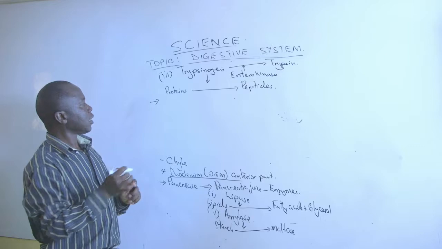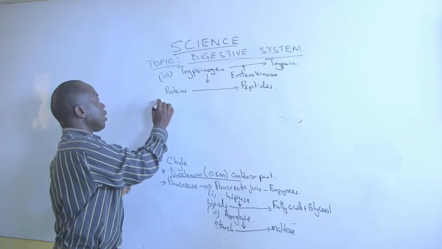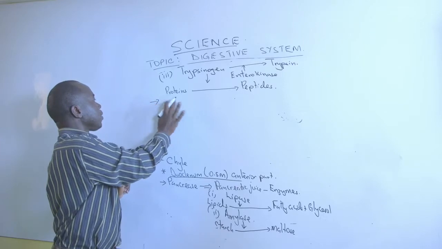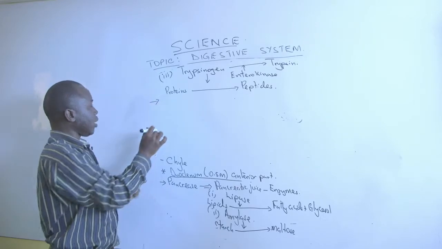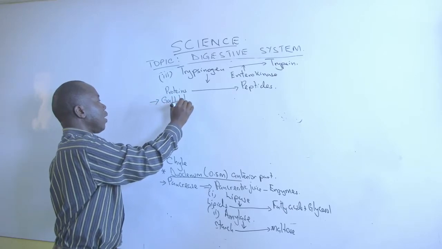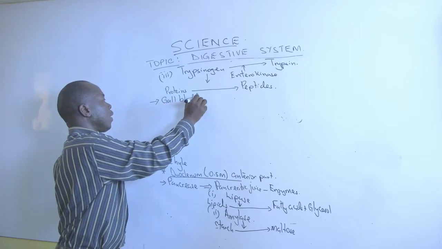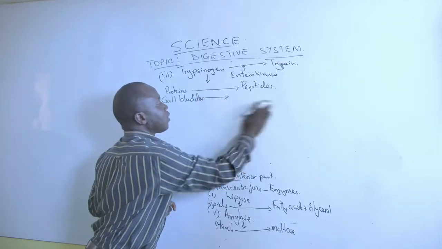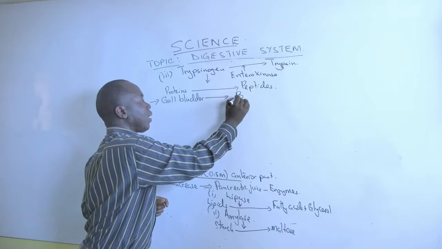Another important organ in relation to the duodenum is the gallbladder. The gallbladder releases bile.